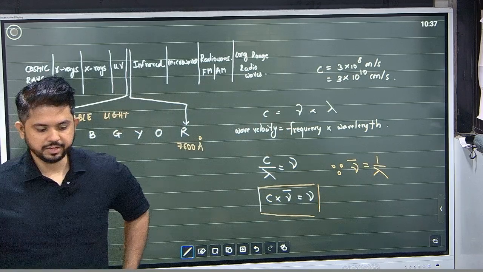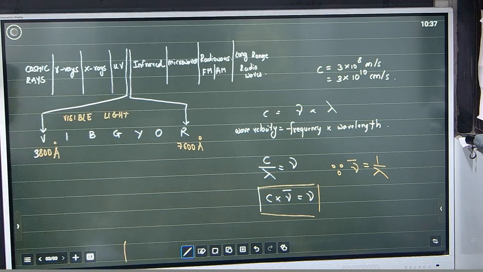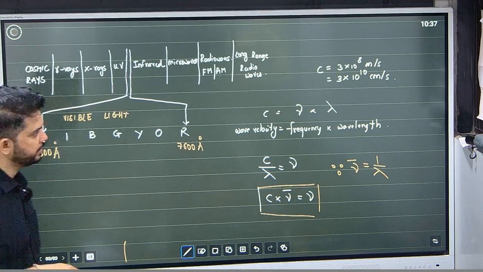Please write down the relation between wave velocity, frequency and wavelength, and copy the formula on the board.